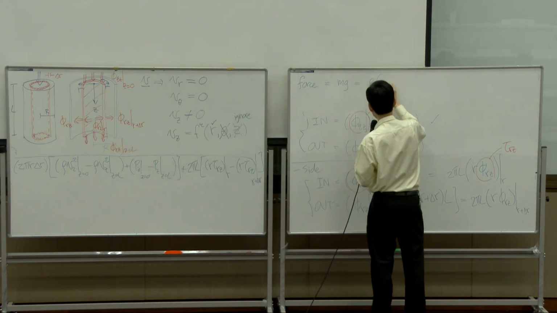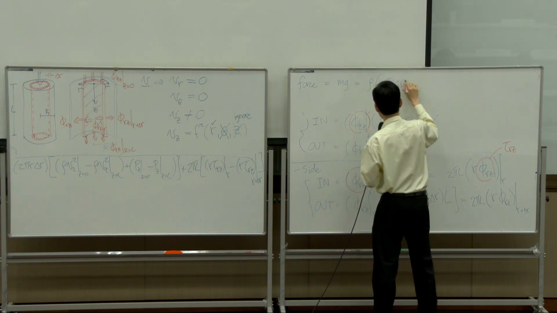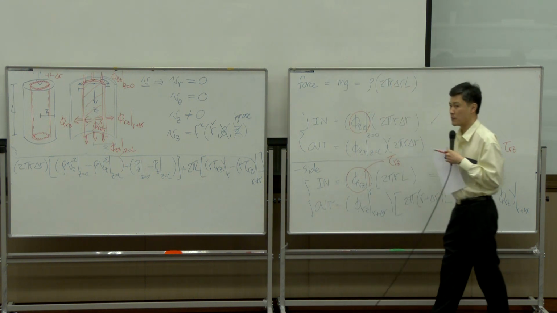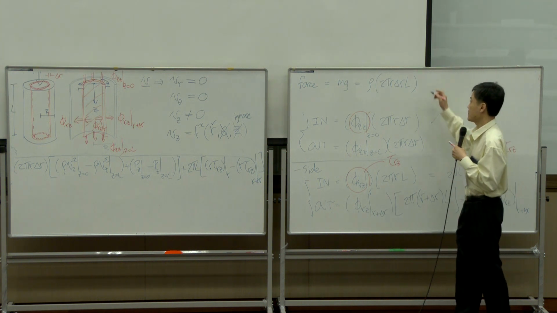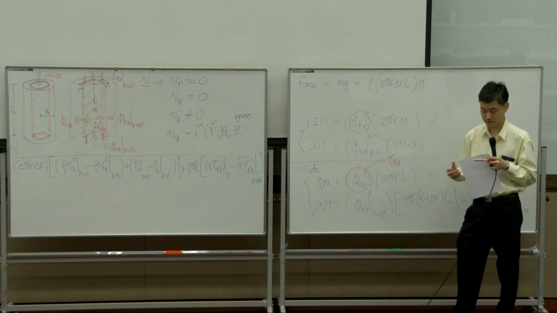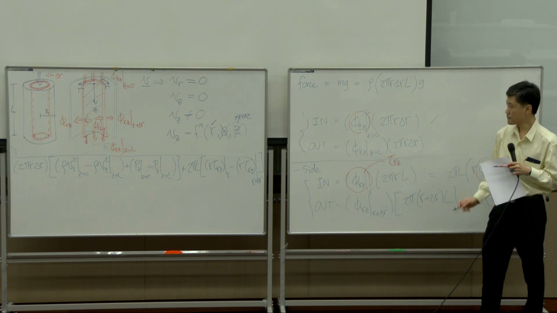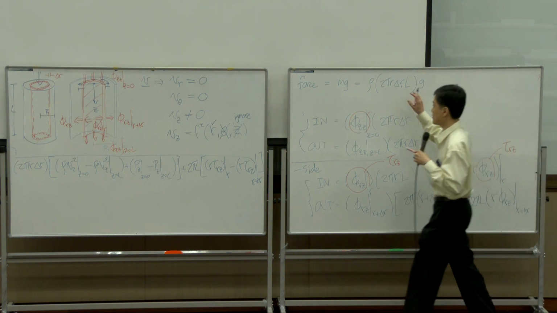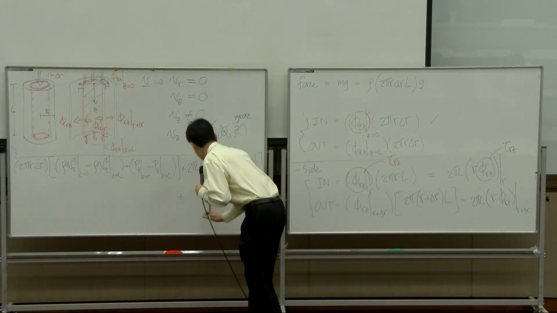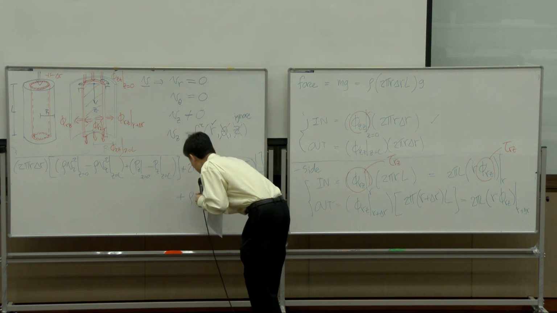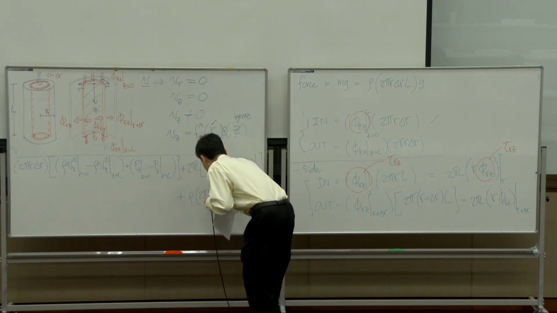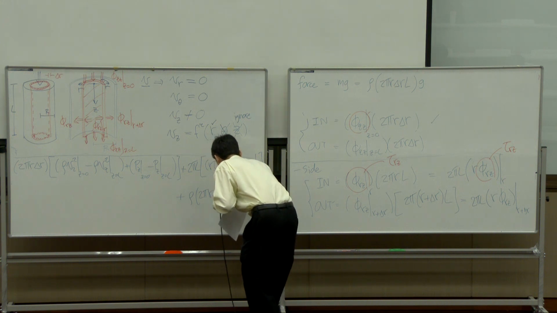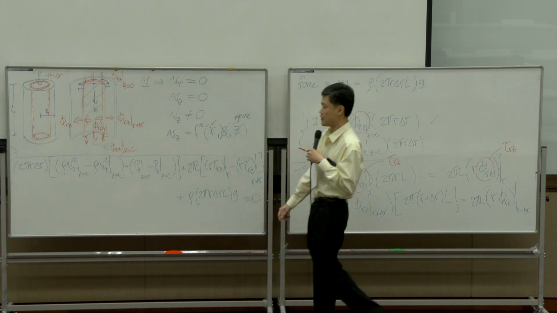So the volume would be 2 pi r delta r times L. That would be volume times g. Understand? All right. So I'm going to put force down here. Rho times 2 pi r delta r L g equal to 0. That's the equation of balance.